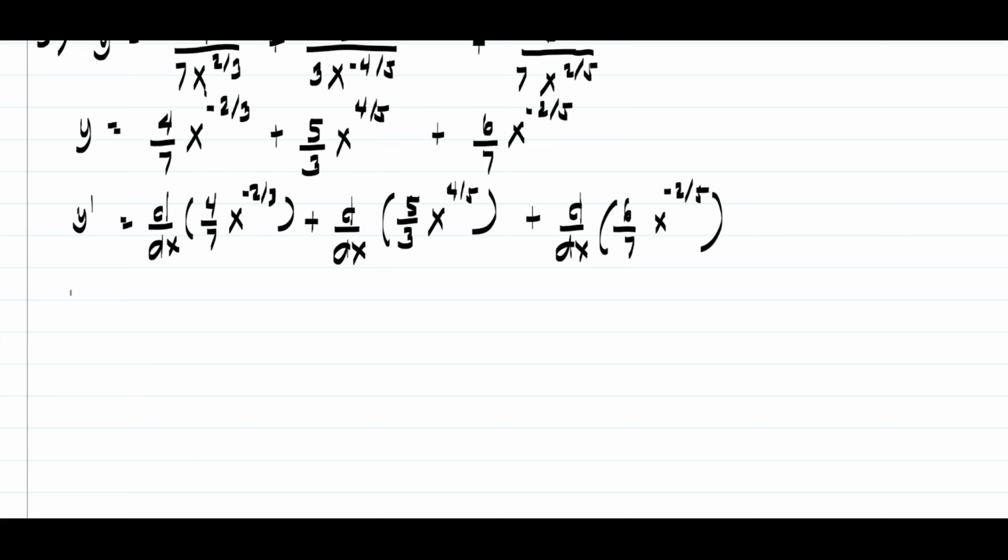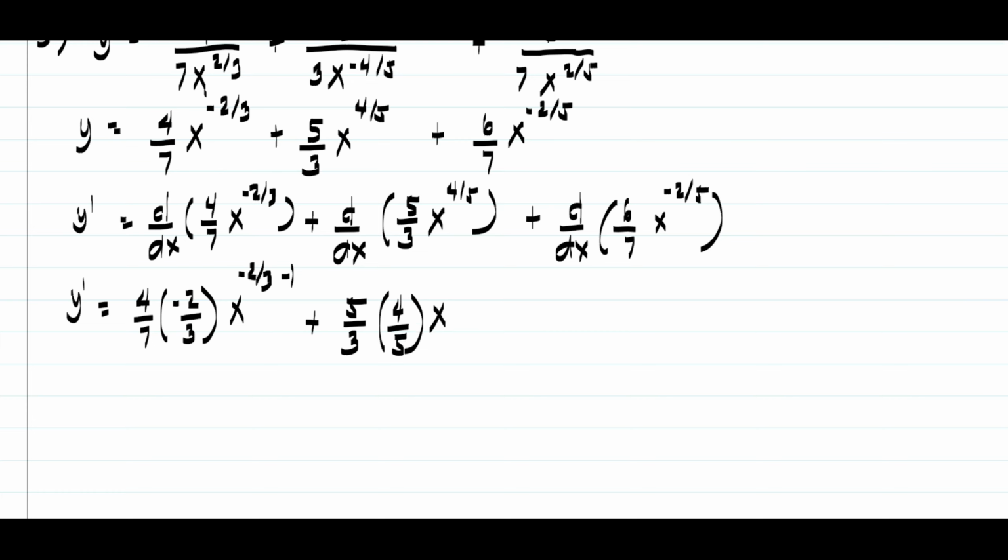So we have y prime equals 4 over 7 times negative 2 over 3, and then x raised to negative 2 thirds minus 1, plus 5 over 3 times 4 over 5, x raised to 4 over 5 minus 1, and then we have 6 over 7 times negative 2 over 5, x raised to negative 2 over 5 minus 1.